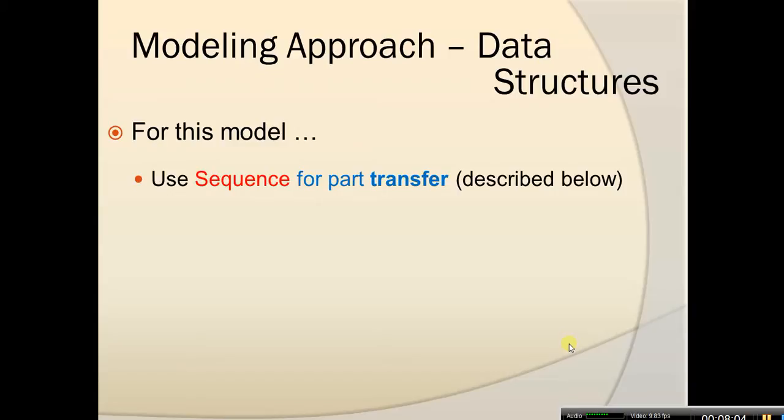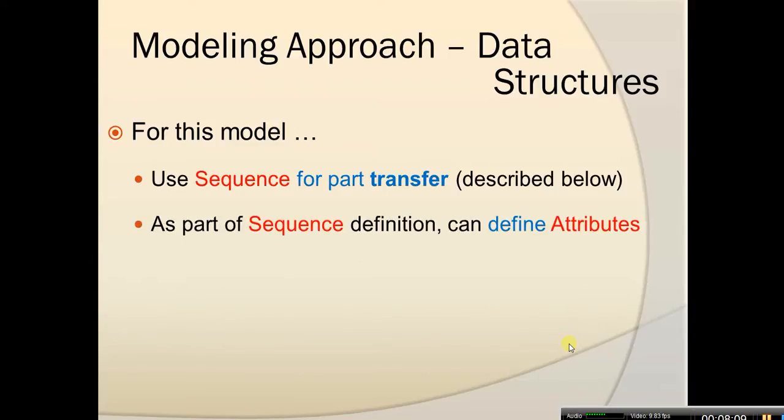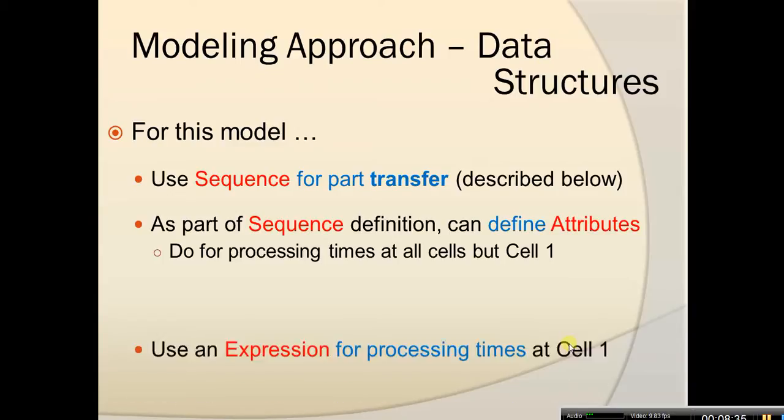We'll use the sequence for part transfers. And as a part of the sequence definition, we can define attributes. So inside of the sequence, there is a way to assign different attributes, specific types of expressions or values. And we do that for processing times at all cells but cell 1.